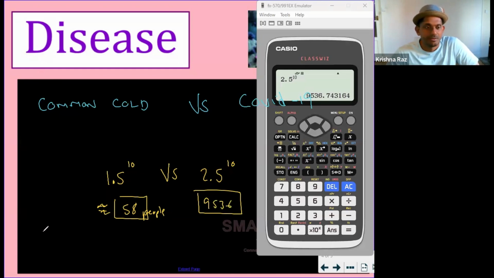Maybe we do it to the power of 15. Let's have a look at that.